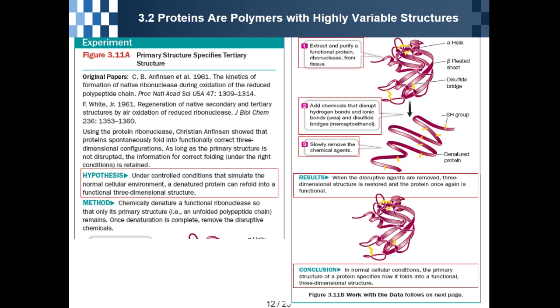After that, we can add chemicals to disrupt hydrogen bonding, ionic bonding, or disulfide bonding. After that, slowly remove the chemical reagent. So when the disruptive agents are removed, this three-dimensional structure is restored.